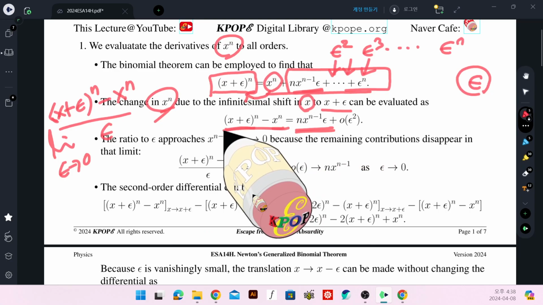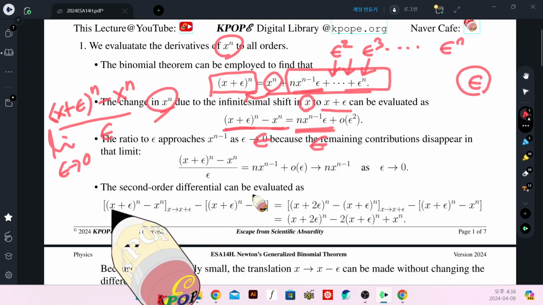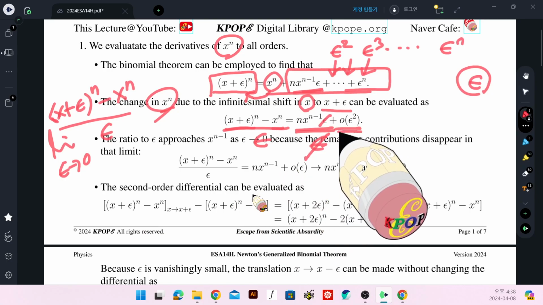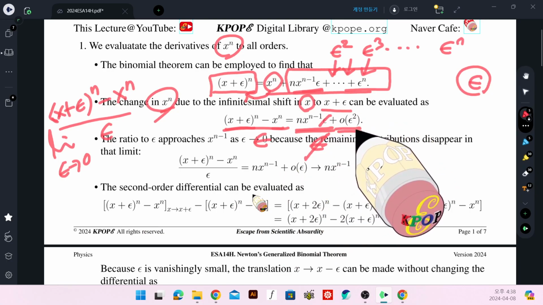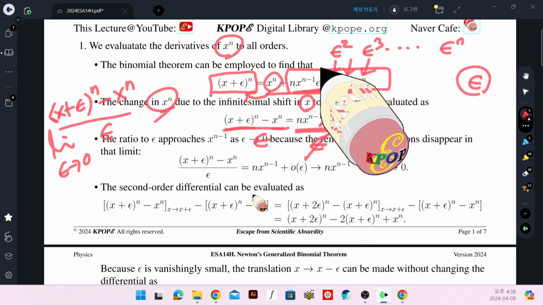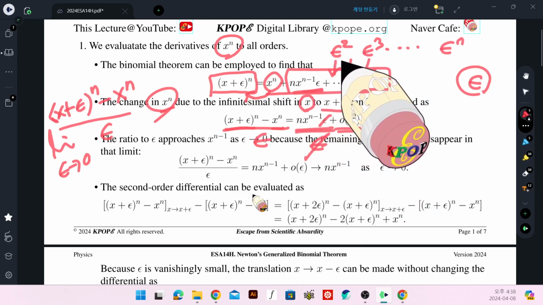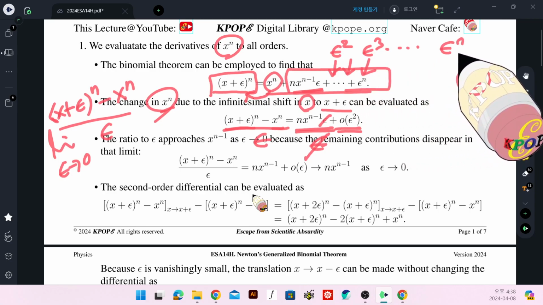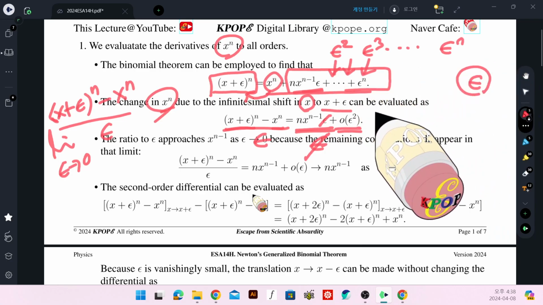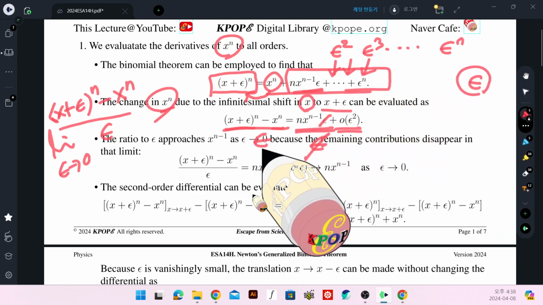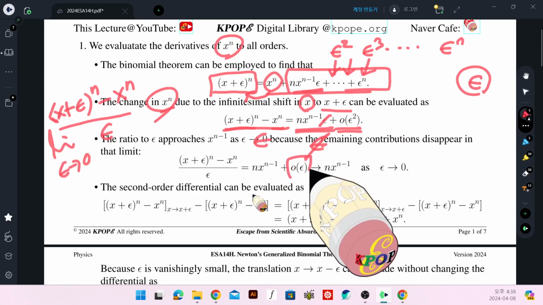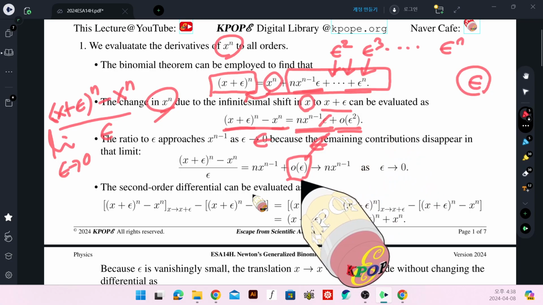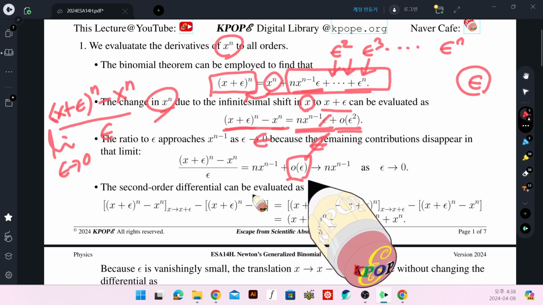Alright, when we divide both sides by epsilon, this epsilon cancels, and the term of order epsilon squared, until the end, that is of order epsilon to the nth power, is now divided by epsilon, so this contribution is transformed into order epsilon.